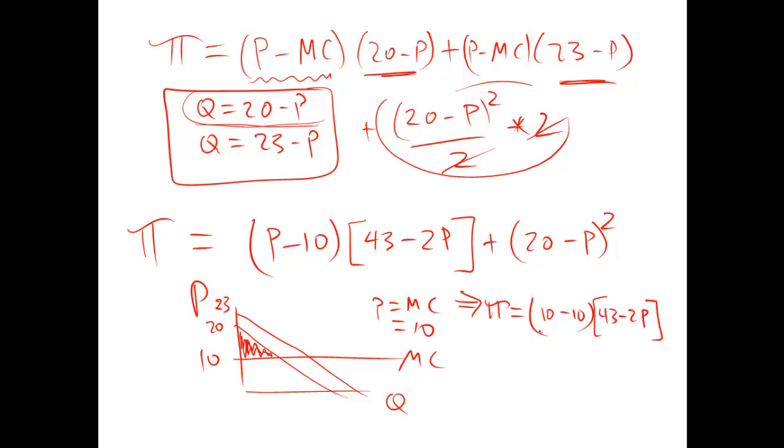That's all 0 because it's got a 0 multiplying it, plus 20 minus 10 quantity squared. And so what's that equal to? Well, that's 0 plus 100, or 100. So all of a sudden we have a benchmark. We're saying if we price at marginal cost, we'll get a profit of 100.